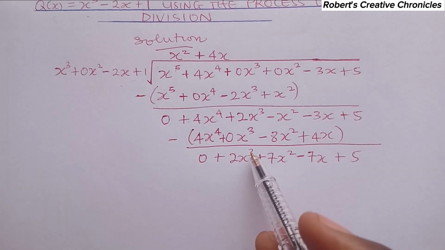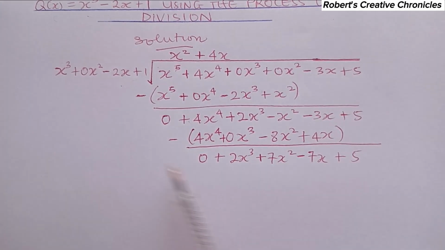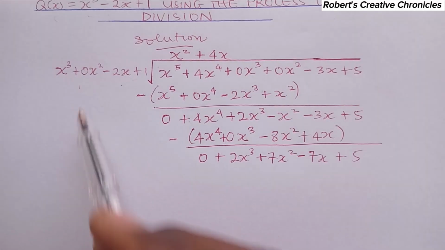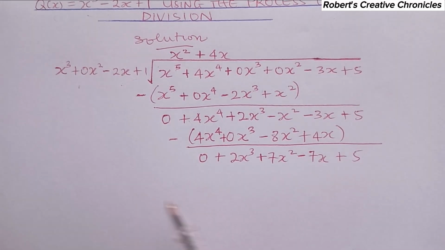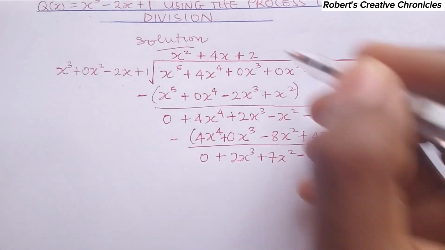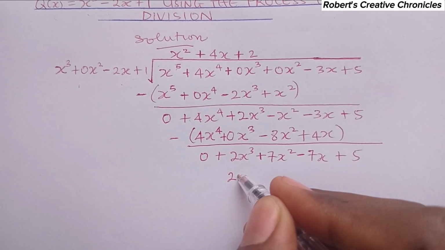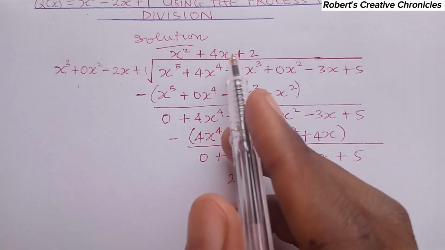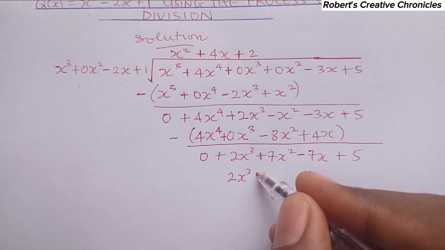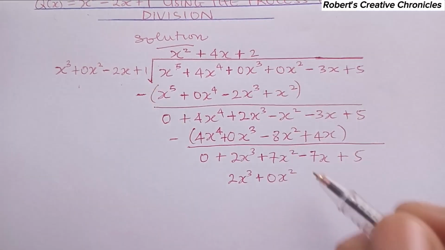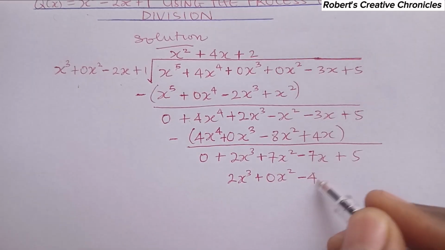So now the degree of this remainder is equal to that of the divisor, so we'll still divide it until it becomes less than the degree of this. So 2x cubed over x cubed is 2. So here is plus 2. So 2 times this is 2x cubed. 2 times this is 0, plus 0x squared. 2 times this is negative 4x.